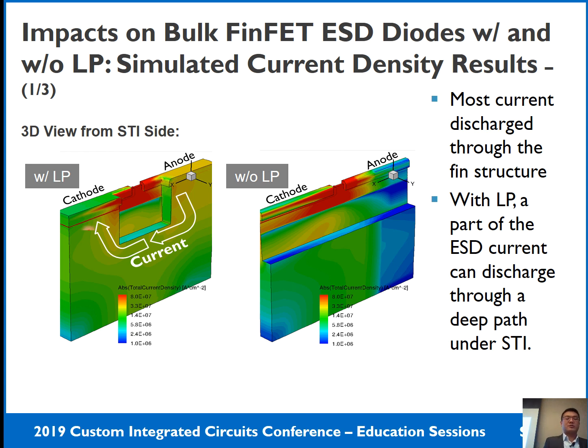So with a landing pad, it's like a gated diode in parallel with an STI diode. But once the landing pad is removed, like here, this parasitic planar-like STI diode is also removed.